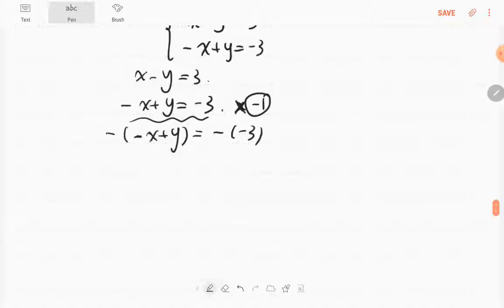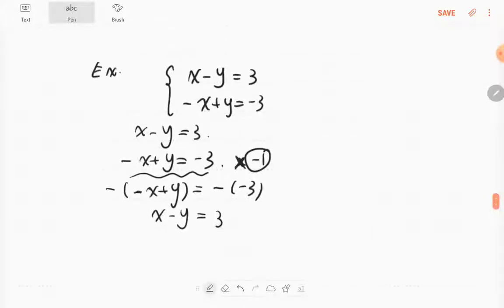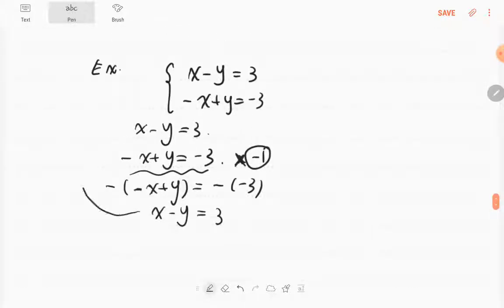So we will get x minus y equals 3. Then we realize it's just the same equation as the first one.